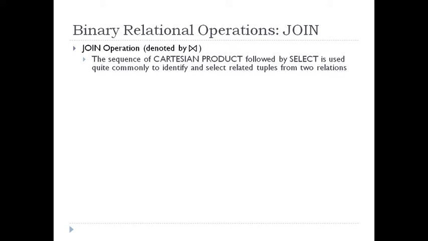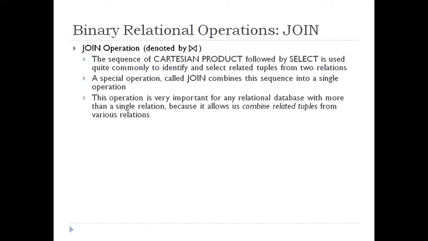For that purpose we use the join operation. Join will combine the Cartesian product and select operation. So it combines the sequence of Cartesian product and select in a single operation.